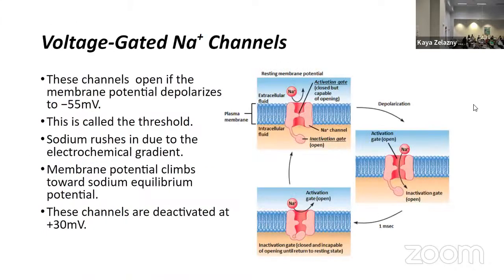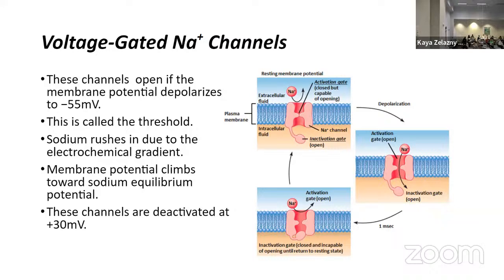We're going to start with sodium. Voltage-gated sodium channels are present in large numbers in our axon hillock and in our axon, and what they're doing is waiting until we get to a membrane potential of -55 millivolts. We get to that membrane potential by a series of graded potentials adding together, either over time or over space.